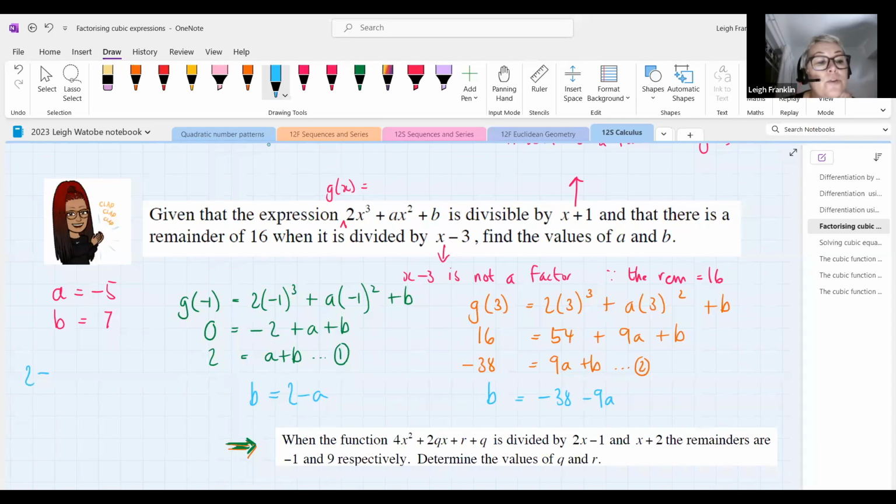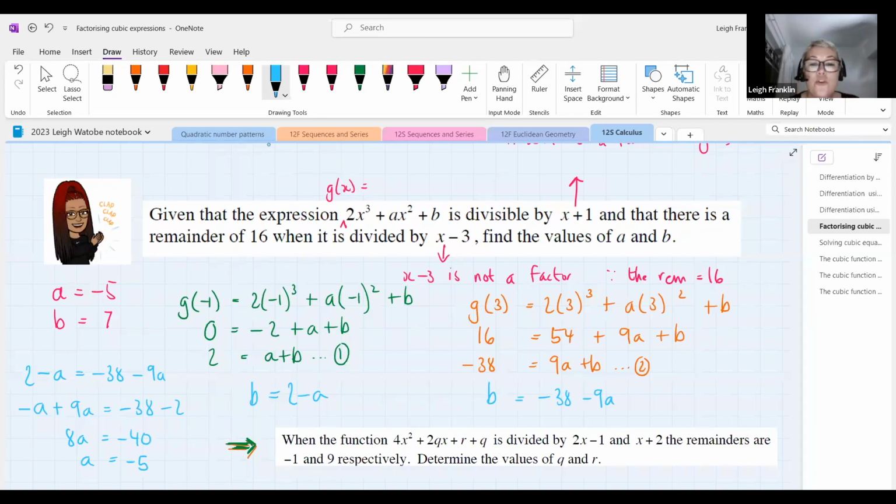So if you've got 2 minus a equals -38 minus 9a, collecting your a terms on the left and your numbers on the right, you would have 8a equals -40, and that's why a is equal to -5.